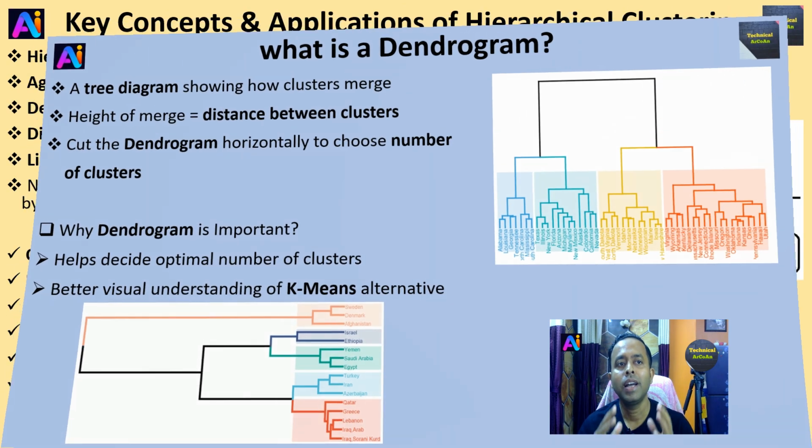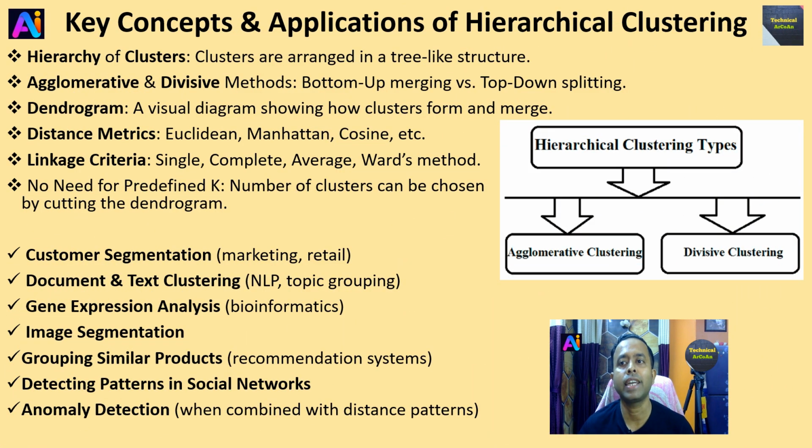Now we talk about the key concepts and applications of hierarchical clustering. The key concepts: hierarchy of clusters means clusters are arranged in a tree-like structure, as already told, grandparent, parent and then the child, like OOP inheritance. Agglomerative and divisive methods: bottom-up merging versus top-down splitting.